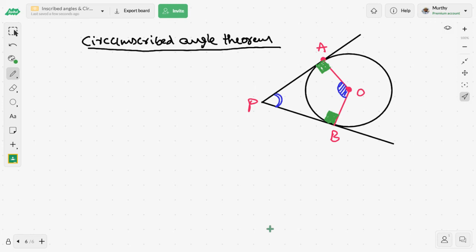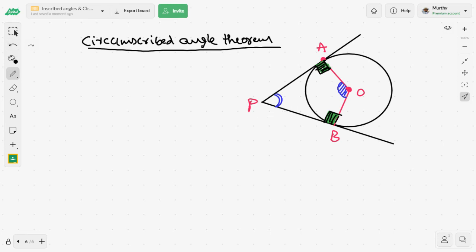Angle A is 90 degrees, and this one is another 90 degrees. So 90 plus 90 is 180. So the rest of the two angles, angle P and angle O, together make 180 degrees. This is called the circumscribed angle theorem.